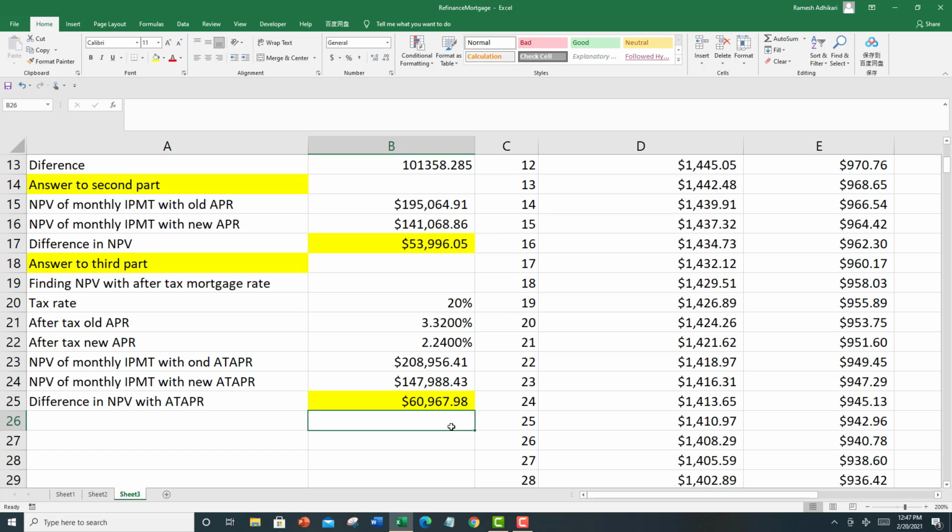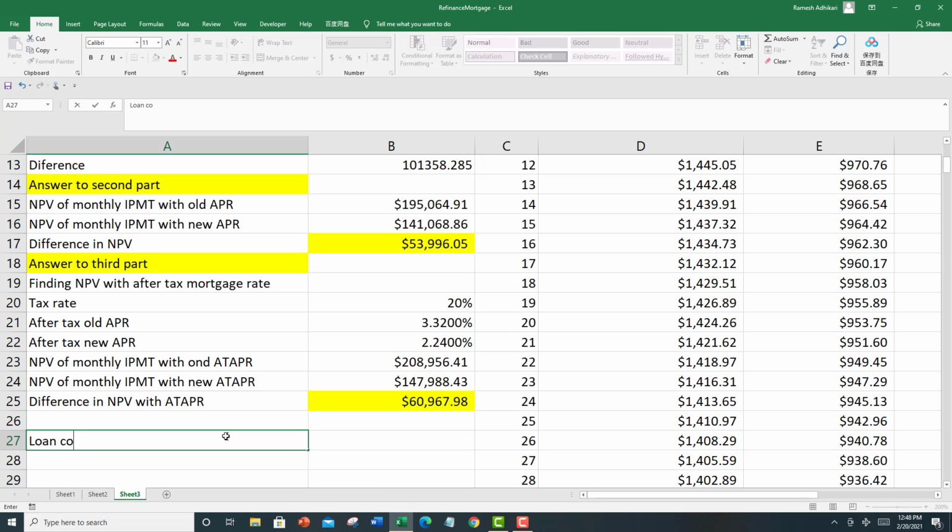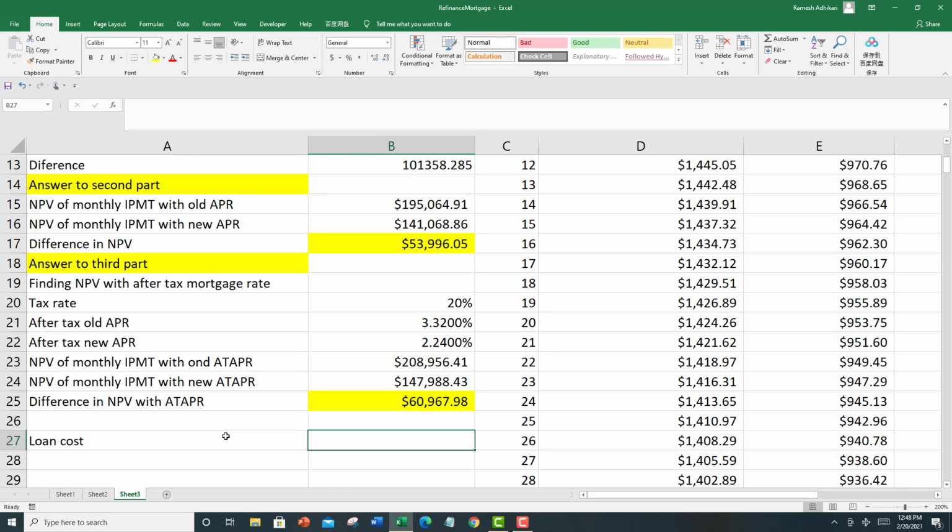And here comes the question of whether you should refinance or not. There are many terms and conditions you should consider, but one factor is that every time you refinance, there is a refinance cost or loan closing costs at the prior institution, and you might get a new loan cost, whatever it may be. Maybe you're closing your existing loan or getting a new loan, and you have to take some time off from work.